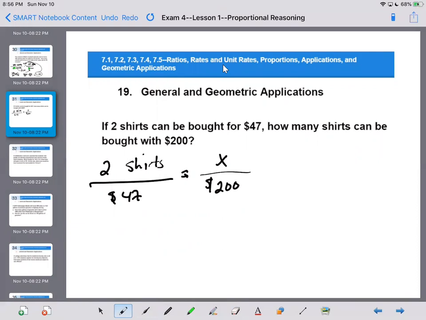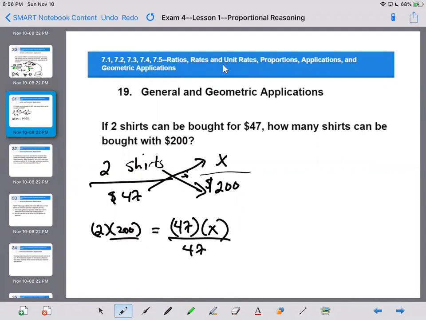So we could use cross products and just say 2 multiplied by 200 is going to be equal to 47 multiplied by x. So there's your cross multiply and then divide, because notice I've got to divide both sides by 47.